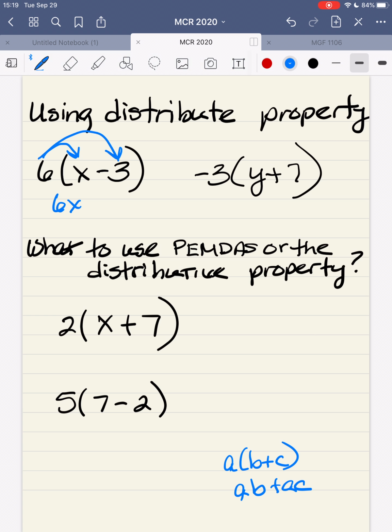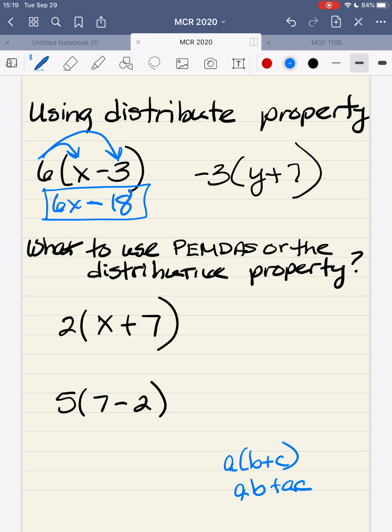And I have a positive 6 on the outside, a minus 3 or a negative 3 on the inside, which means it's going to be minus 18, and I am done. I can't do anything with those. So if you have terms inside the parentheses that can't be combined, once you distribute, you still can't combine them.